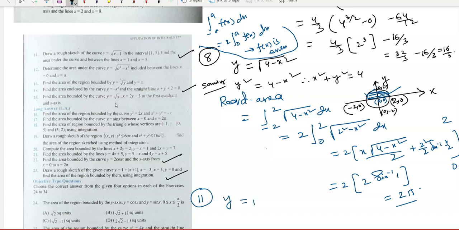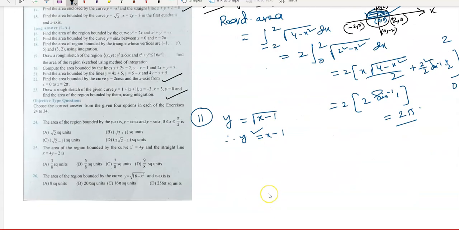y equal to... so y square is x minus 1. So this is going to be a parabola of non-standard form, isn't it? It is (y minus 0) whole square equal to x minus 1. The vertex is going to be where?